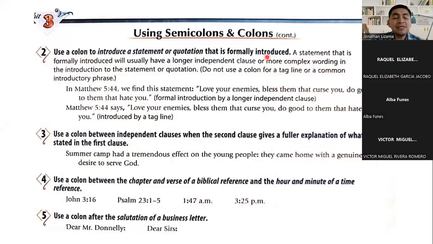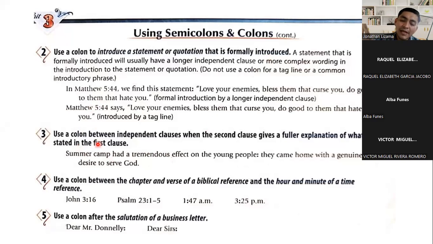Number 3, use a colon between the dependent clauses when the second clause gives a fuller explanation of what is stated in the first clause. For example, summer camp had a tremendous effect on the young people. Colon, they came home with a genuine desire to serve God. In this case, guys, is like the first one.